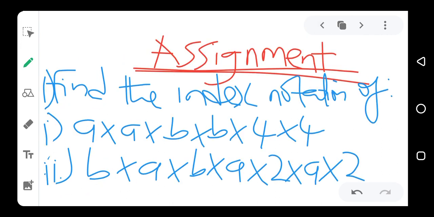Number 1, find the index notation of a times a times b times b times 4 times 4. II. b times a times b times a times 2 times a times 2. Find this in their index notation.